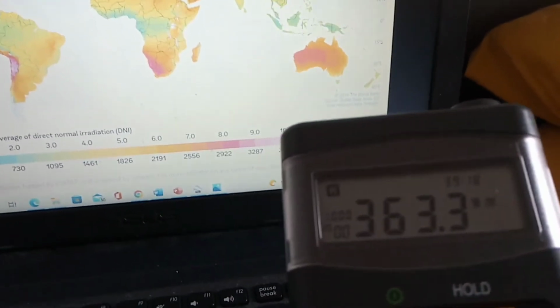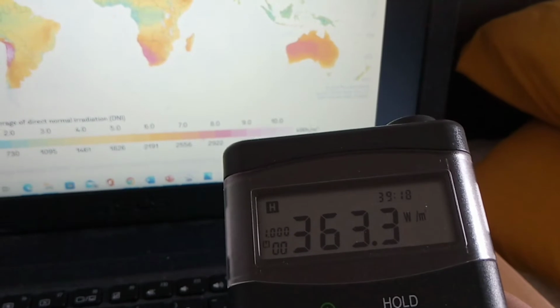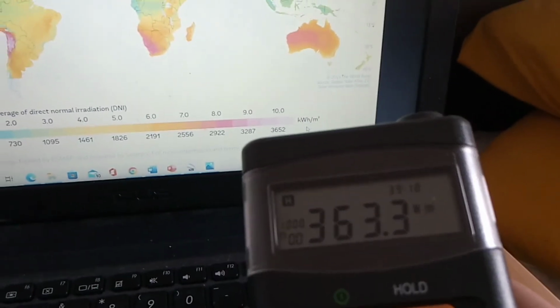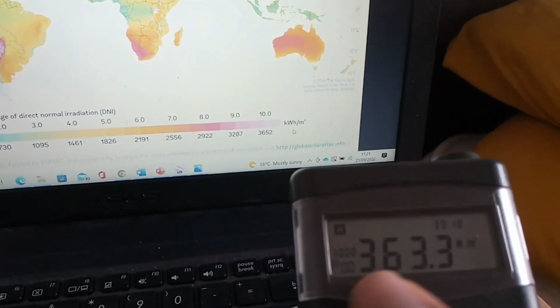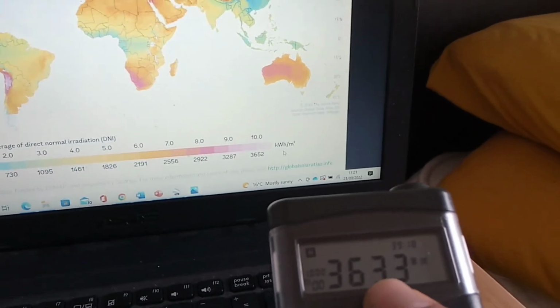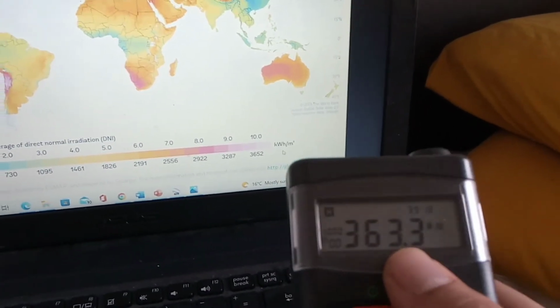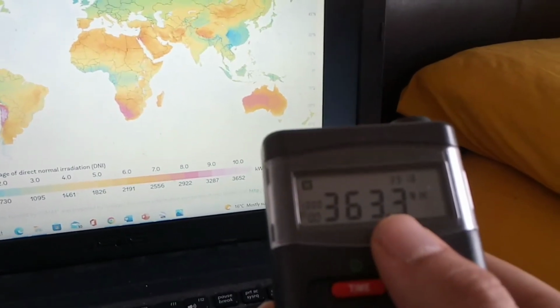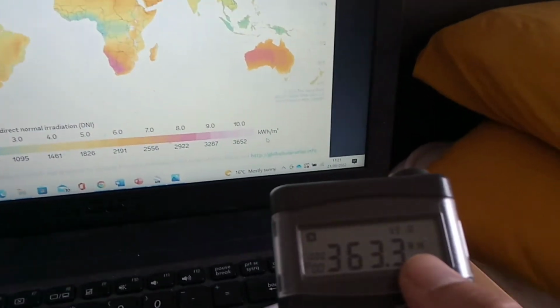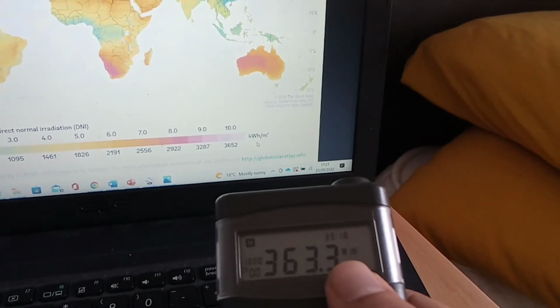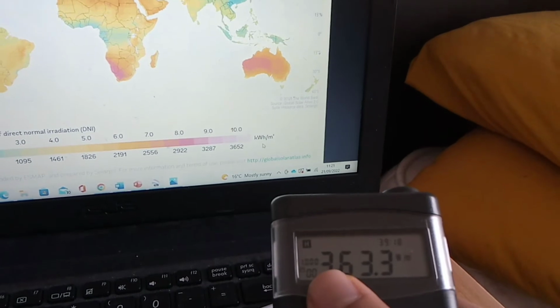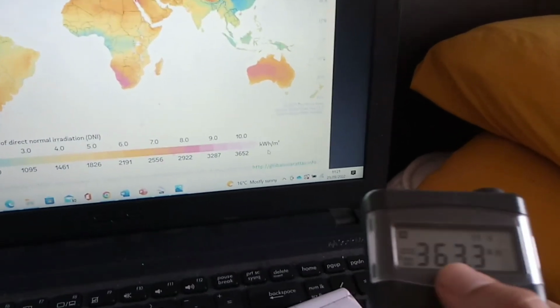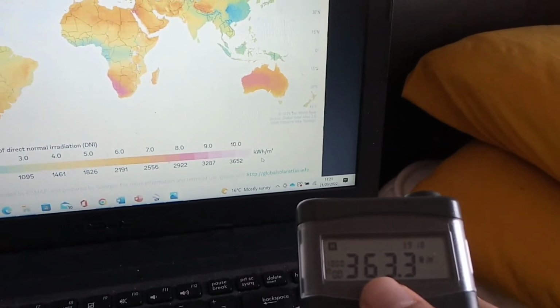So this here is 363.3 watts per square meter, the sunlight taken from outside this morning in the garden. In kilowatts per square meter that would be 363 times 1,000, yeah?